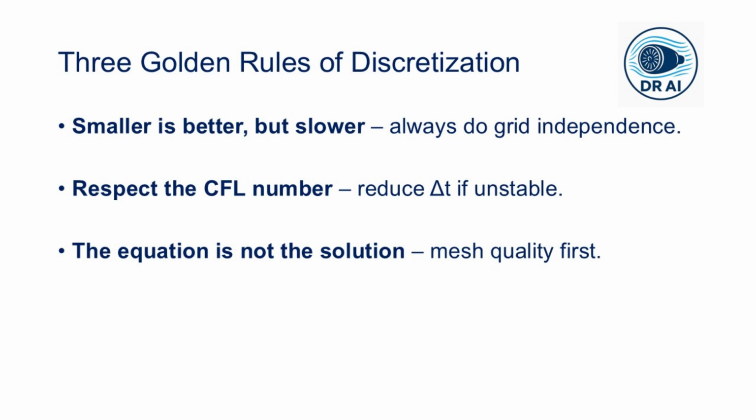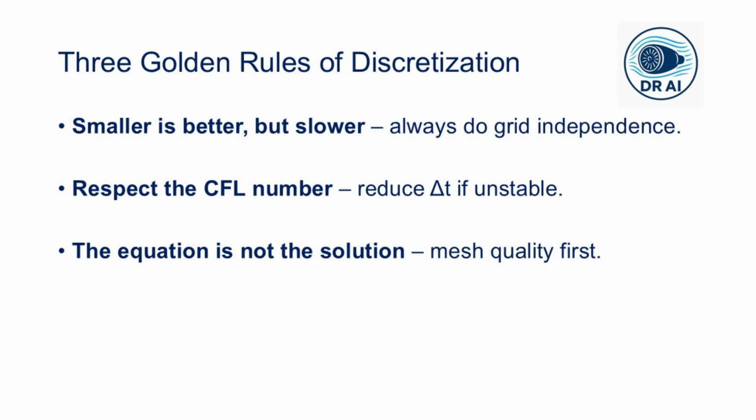If your explicit simulation blows up, reduce delta t; if your implicit simulation has wiggles in it, reduce delta t anyway. And the third and most important one is that the equation is not the solution. A perfect discretization on a terrible mesh is a beautiful lie. Check the aspect ratio, skewness, orthogonality, and y plus before you believe any result.